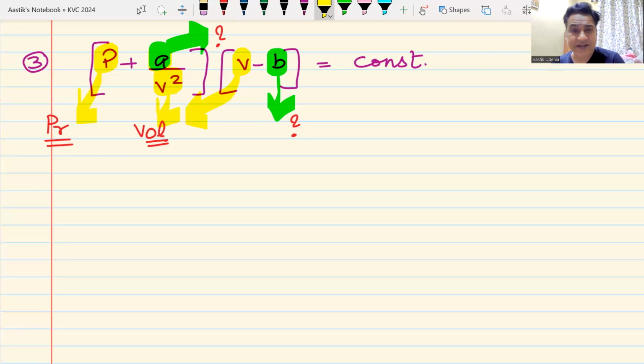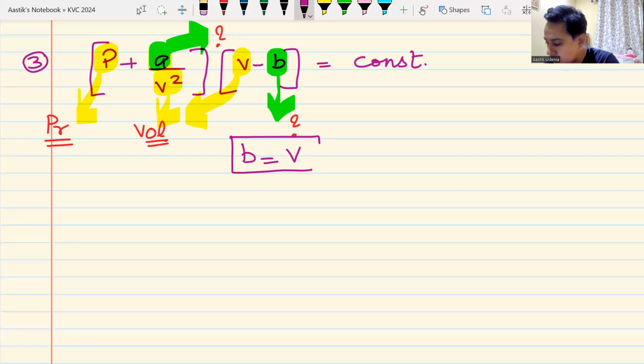We can only subtract same quantities or add same quantities. Therefore, the dimension of B would be the same as the dimension of V. V is volume.